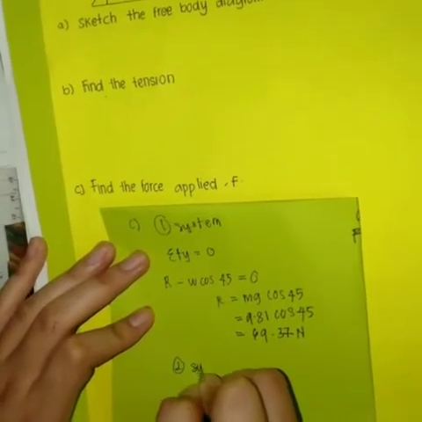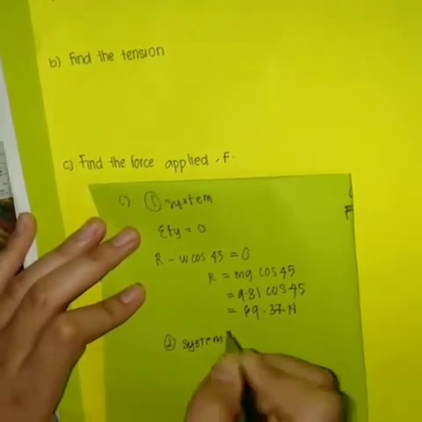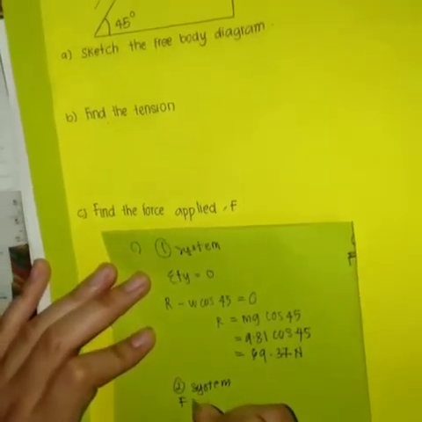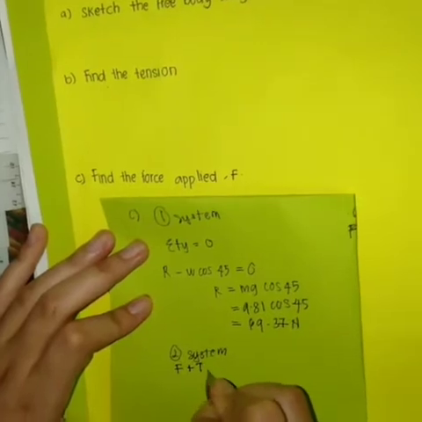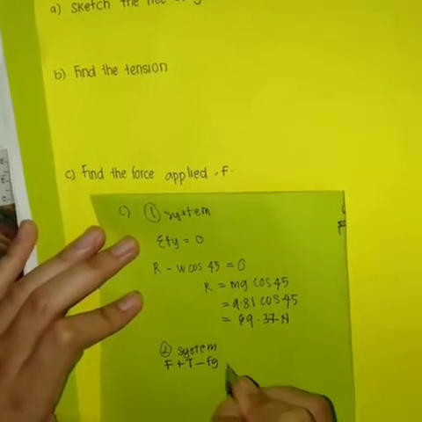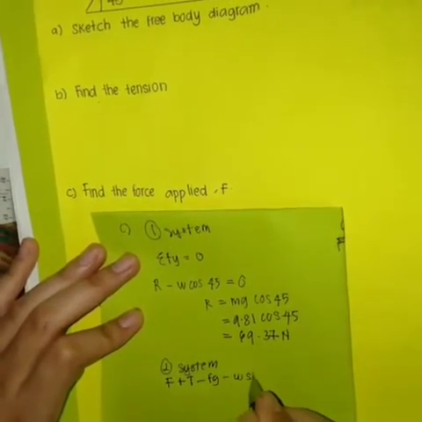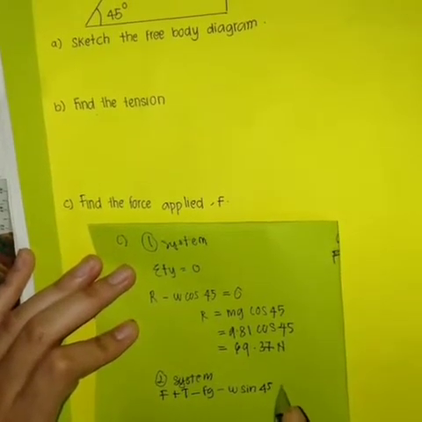Okay, for the second system, we use F plus T minus Fg minus W sin 45 equal to 0.